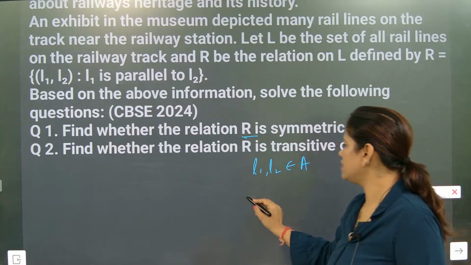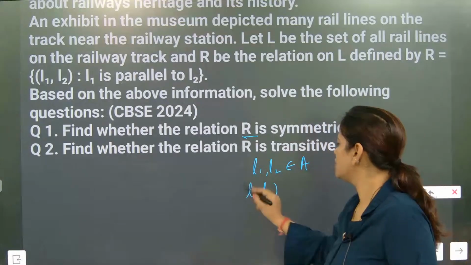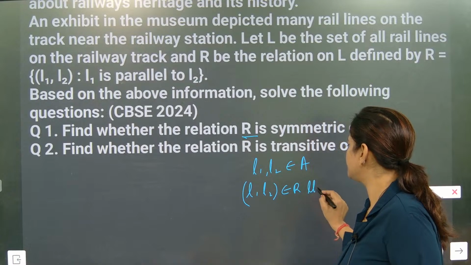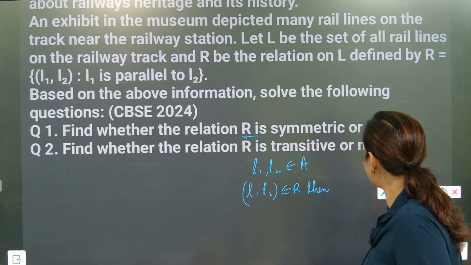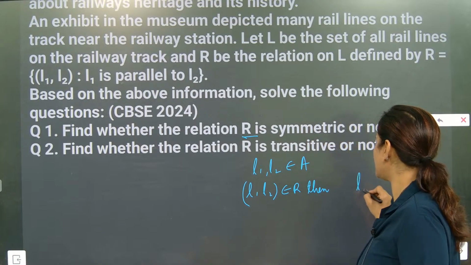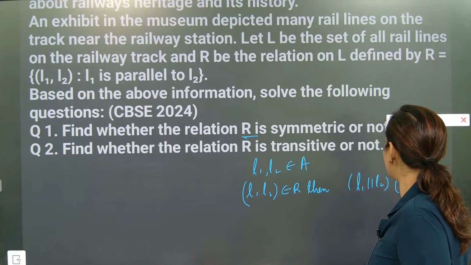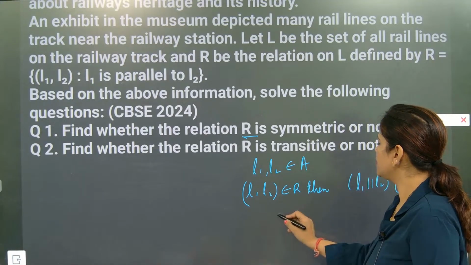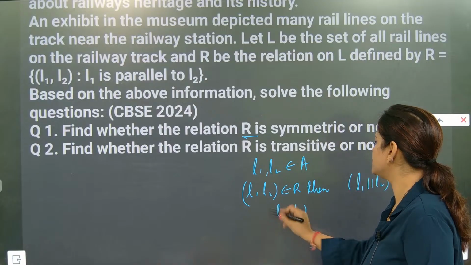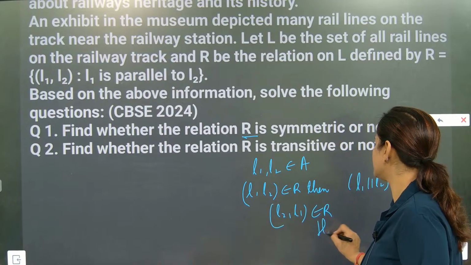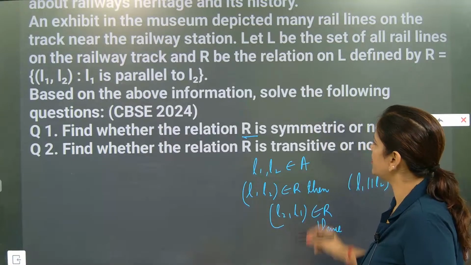Now beta, when L1, L2 belongs to R, that is L1 is parallel to L2, then we can say that L2 is also parallel to L1. So therefore L2 comma L1 also belongs to R. Hence it is a symmetric relation.